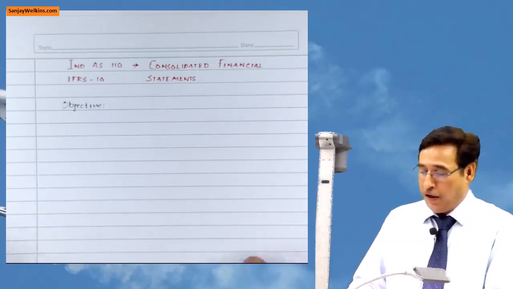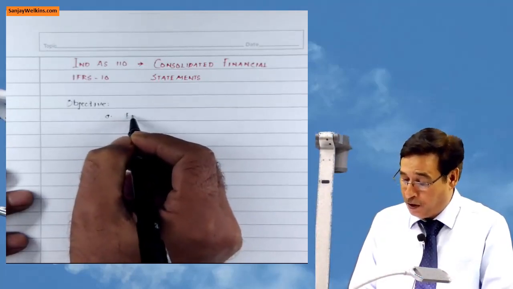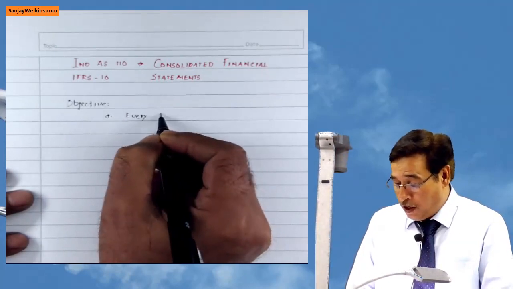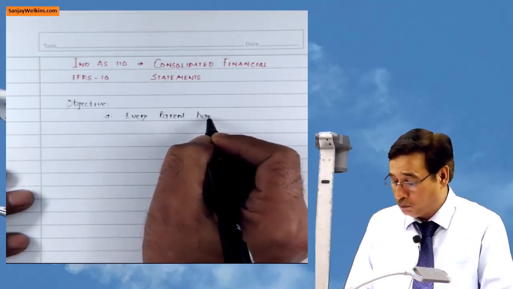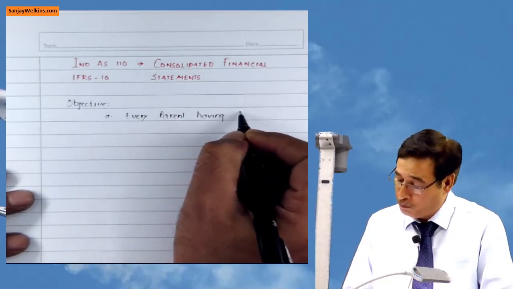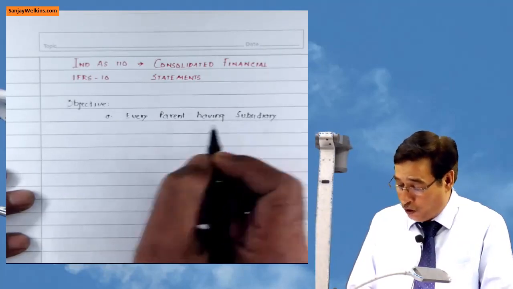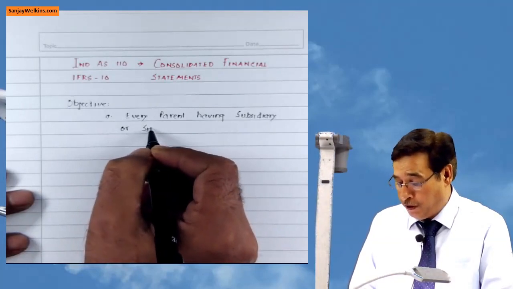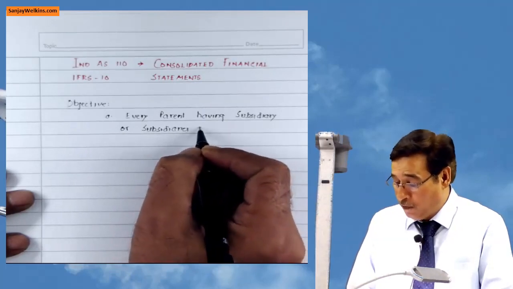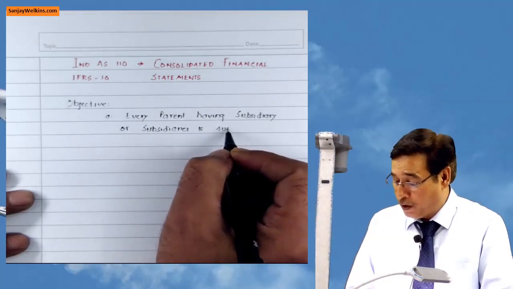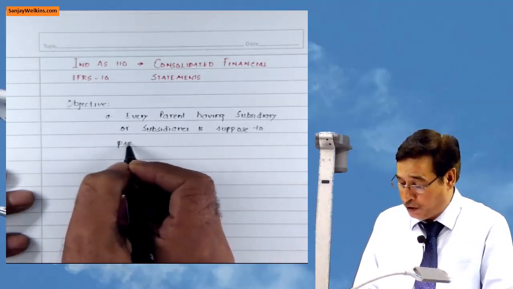So the first guideline, which I am writing and of course I am going to explain, states that every parent having subsidiary or subsidiaries, you may have one subsidiary or more than one, is supposed to prepare what?